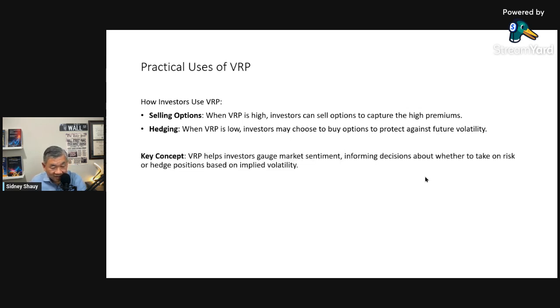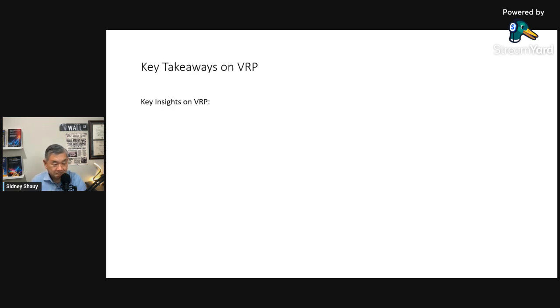The key concept is VRP helps investors gauge market sentiment, informing decisions about whether to take on risk or hedge positions based on implied volatility. So VRP is another weapon in your arsenal to help you make decisions in the market. If you are a stock investor who never heard of VRP before, here is another tool for you to consider.